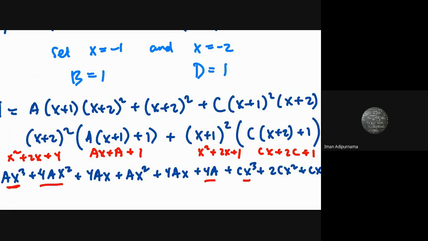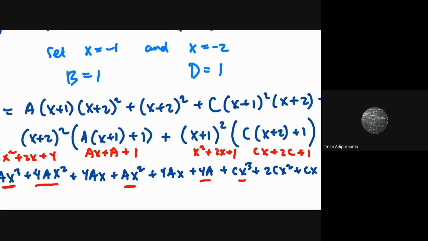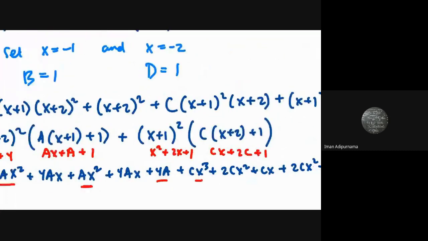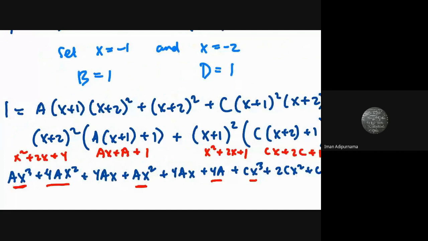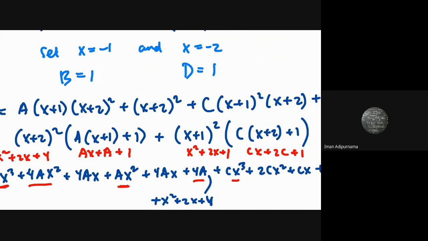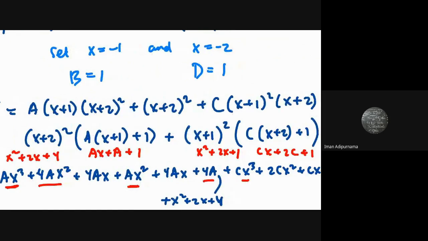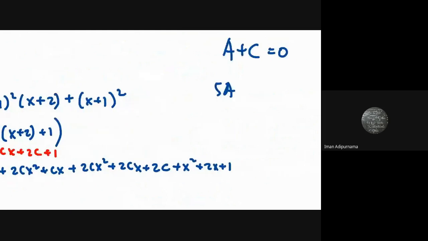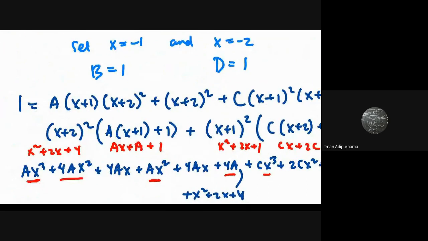I think for A x squared, so for A, 5A, right? We have 5A. I think I haven't finished this. This should have another one plus x squared plus 2x plus 4, but never mind. Okay, 5A. Let me check 5.